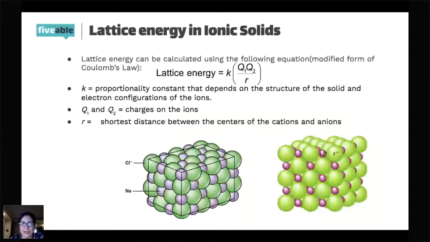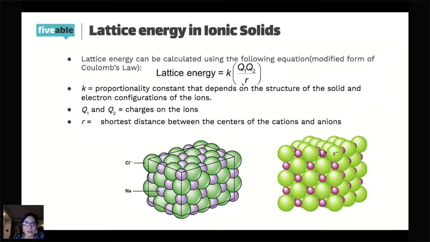Correct. Excellent. Okay, so the lattice energy would be a calculation of how strong is the force that keeps them together. The lattice energy can be calculated using the following equation, which is a modification of Coulomb's law. The lattice energy is a proportionality constant that depends on the structure of the solid and the configuration of the ions, times the charges of the ions making this lattice, divided by the radius.